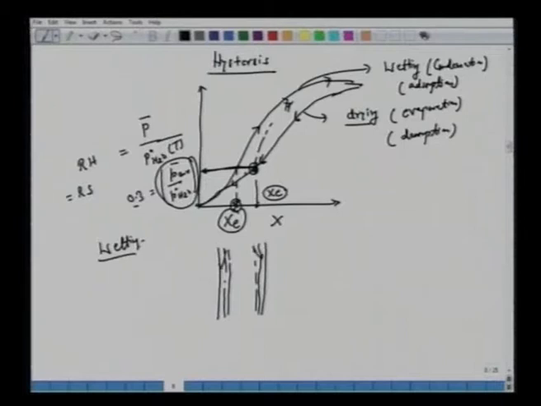Recall that adsorption is very similar to what we call condensation or wetting. So moisture starts getting adsorbed on the walls of the pores till there is a filling. Then of course this gets narrower, and you have the filling like this also. So you have the sideways filling to start with, then the adsorption picks up, and the pores get filled up this way.